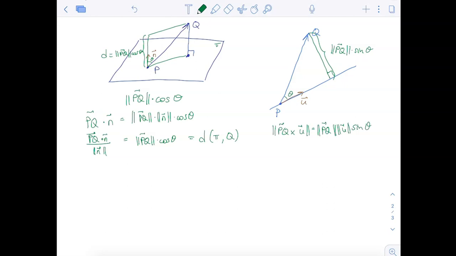And therefore, since I'm looking for PQ sine theta, I'm just going to divide by magnitude of U. So PQ sine theta, which is what I'm looking for, is equal to the magnitude of the cross product of PQ and U over magnitude of U. So that is the distance between the line L and the point Q. Let me call this line L.